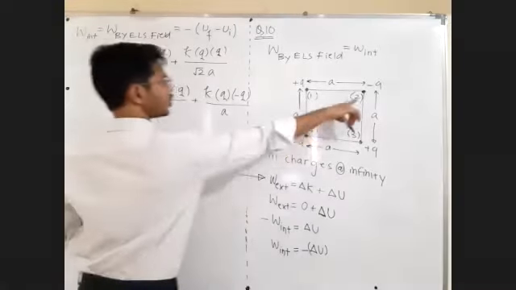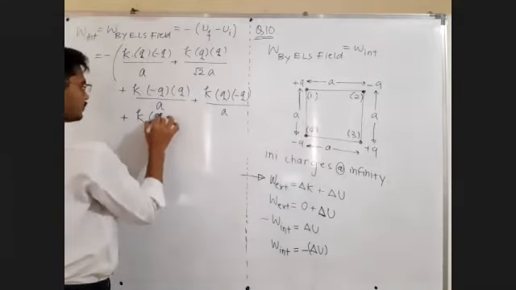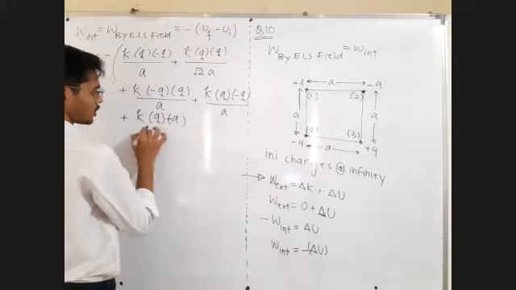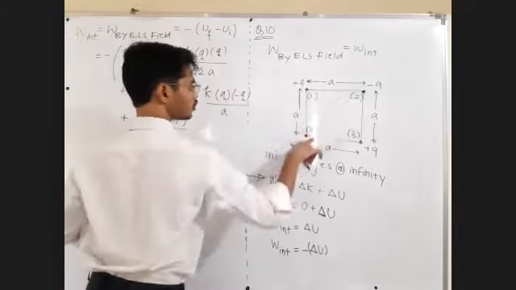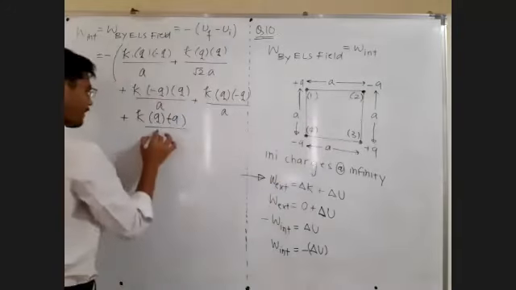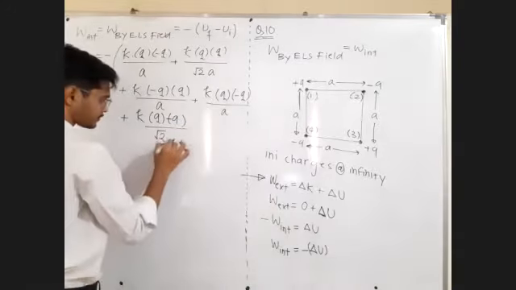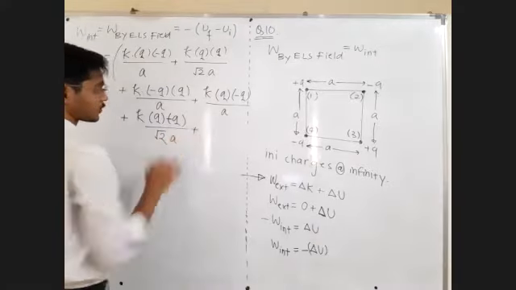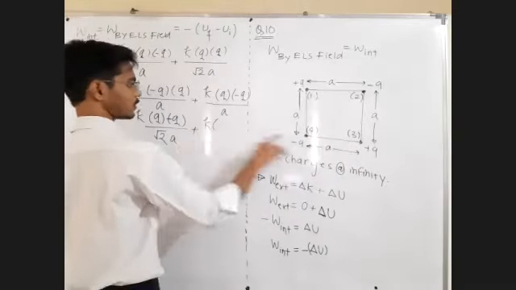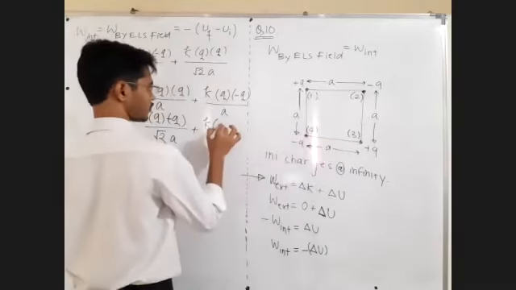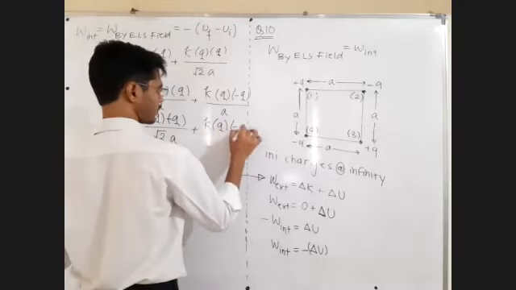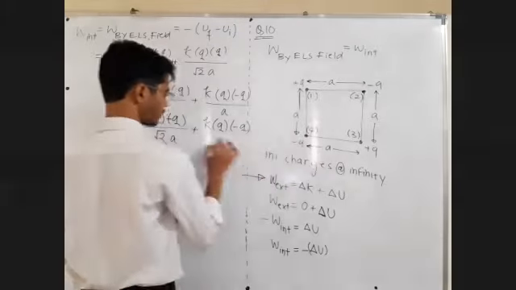K Q2 Q4, Q2 Q4 is minus Q square, upon R24. This side a, this side a, by Pythagoras root 2 a. Plus the 4th brought in the field of the third, K Q3 Q4 upon R34. Q3 is plus Q, Q4 is minus Q.